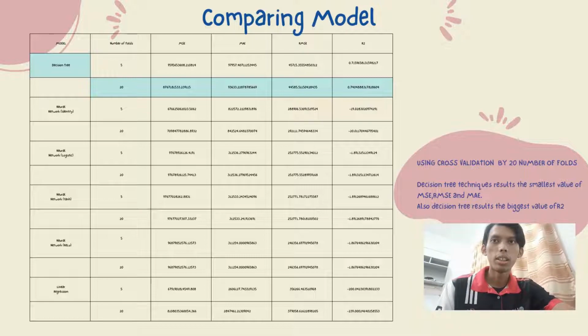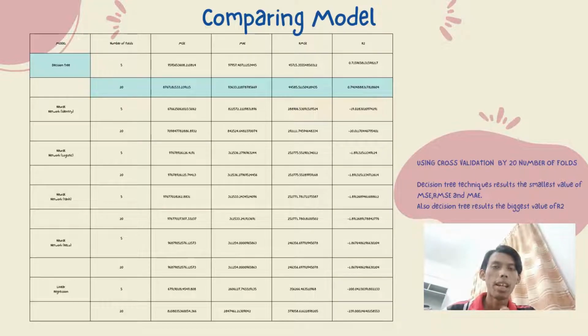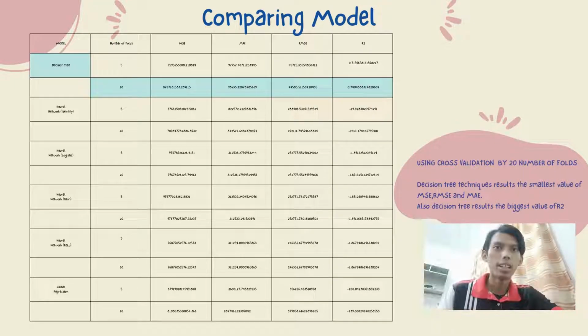Since they are negative oriented scores, the values much closer to 0 are more preferable. Also, the decision tree results in the biggest R square value, as a higher R square value corresponds to less error in the model.